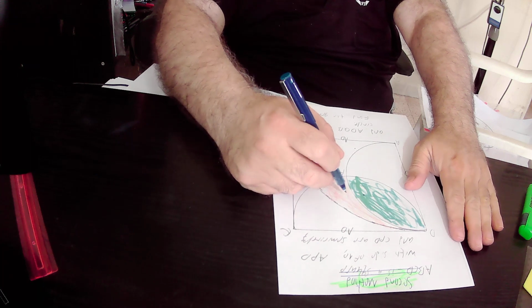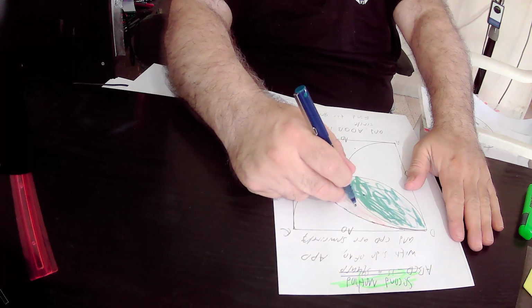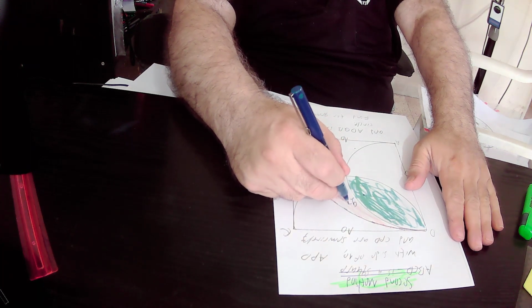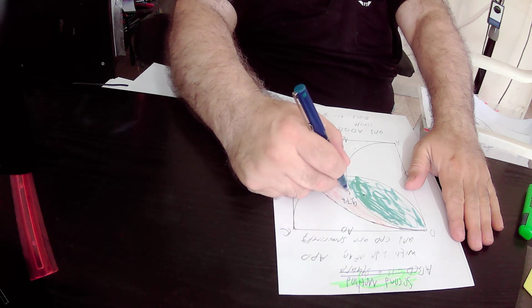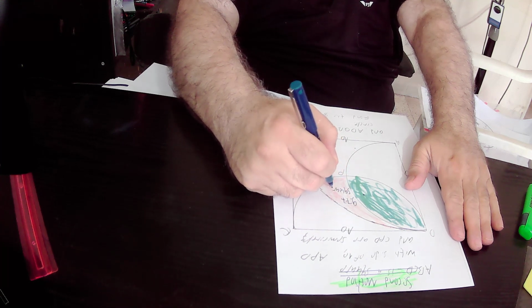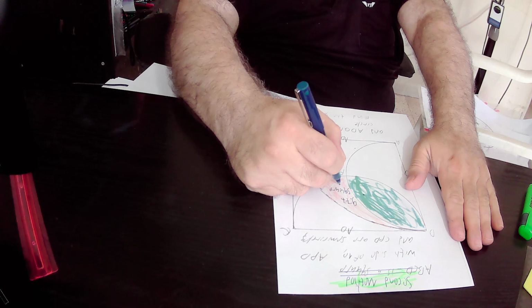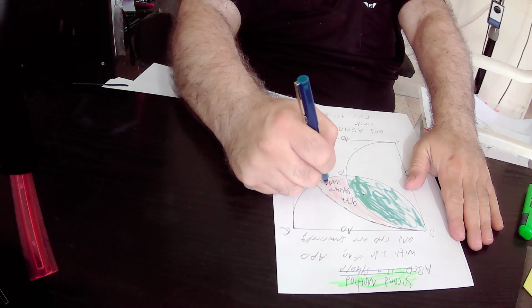I repeat that the area according to the second method equals 9.77 square units. So in both methods we arrive at the same result.